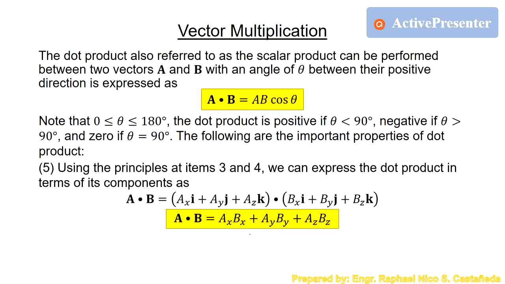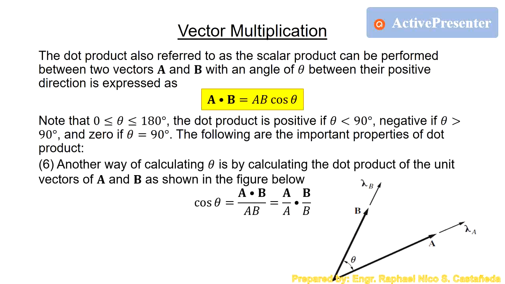So that will be the formula for the two vectors performing dot product. It is easy to remember because you just multiply the x, y, and z components to each other. Then you sum it up. You add all of them.